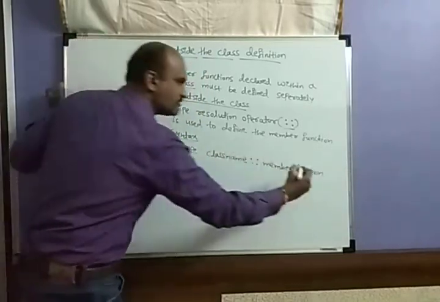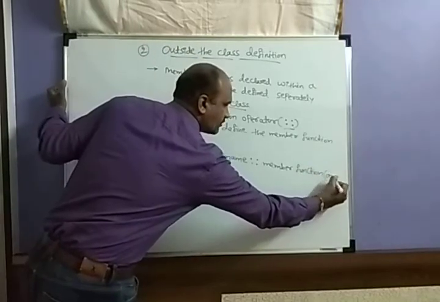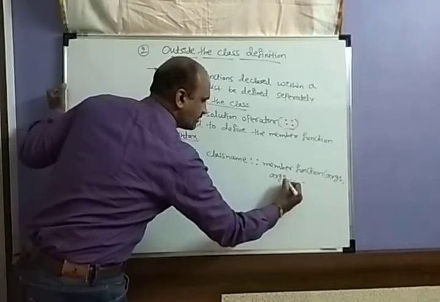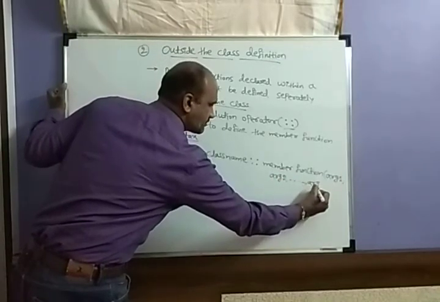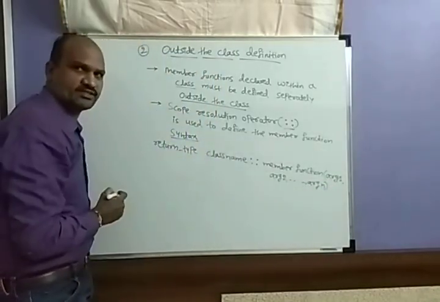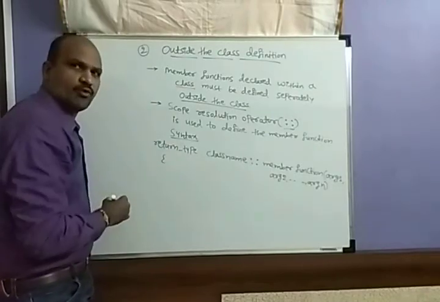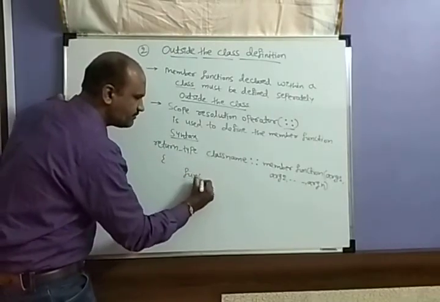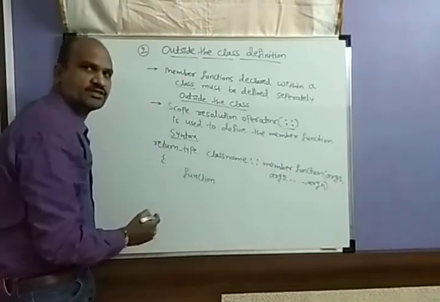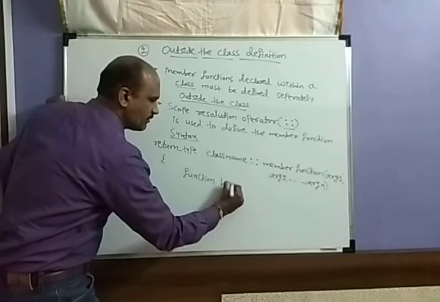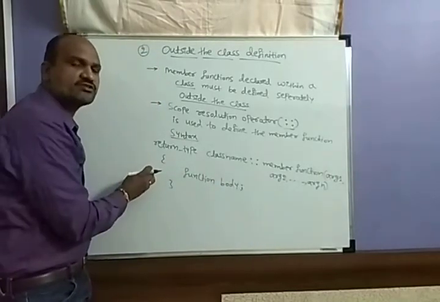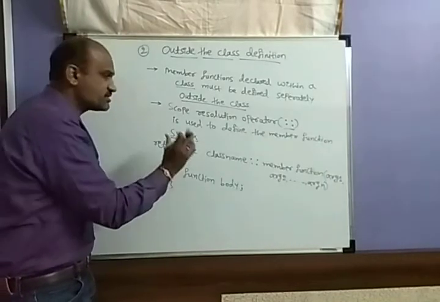If there are arguments, you specify the number of arguments, like n arguments. If there are no arguments, you leave it as it is. Then open brace, then the function body for that particular member function of the class, then close the brace.